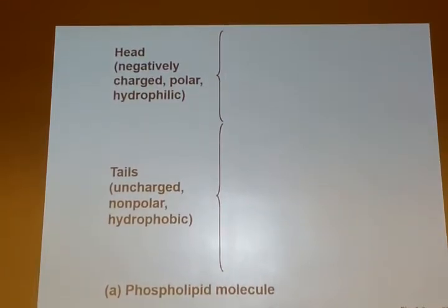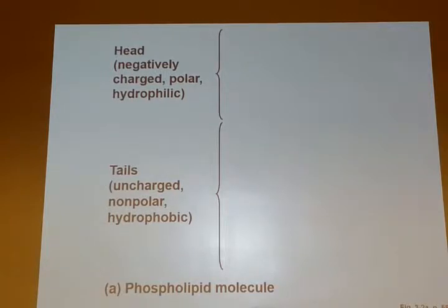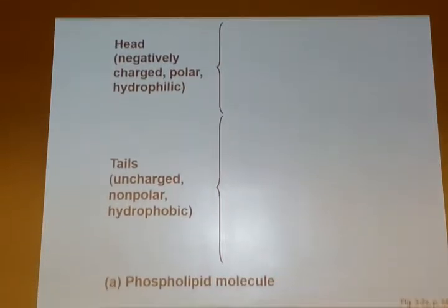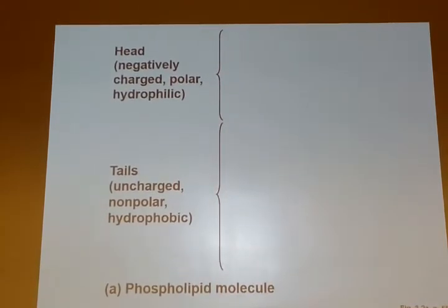The fatty acid tails of the phospholipids may pack very closely together, but sometimes there's a double bond that's going to kink one of those tails and push another phospholipid a little further away. So that gives you a fluidity to the membrane so things can move in the membrane.